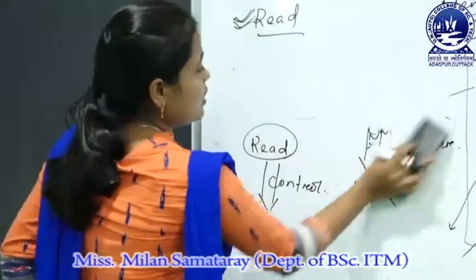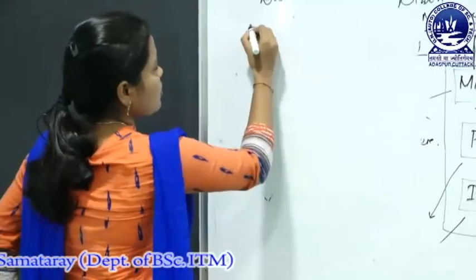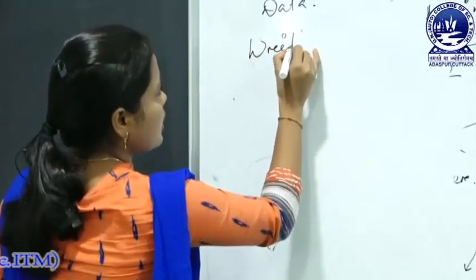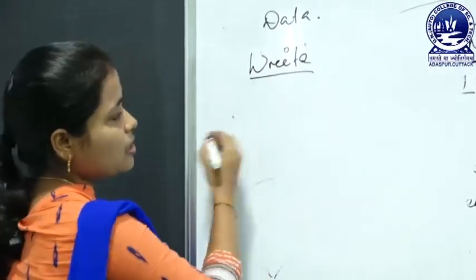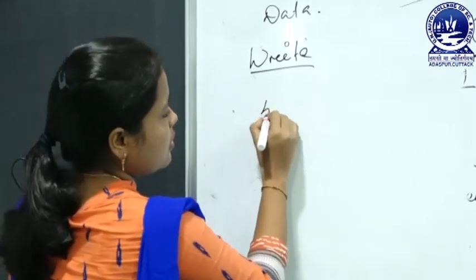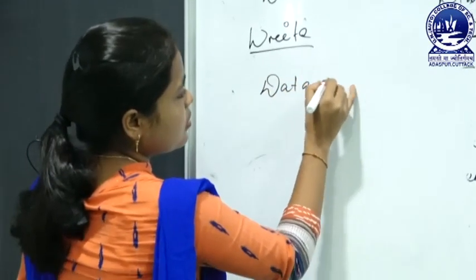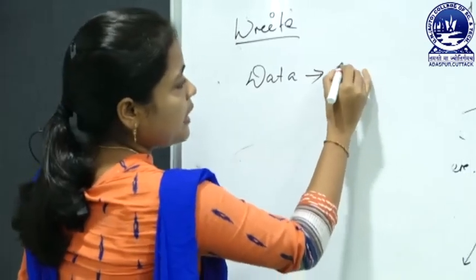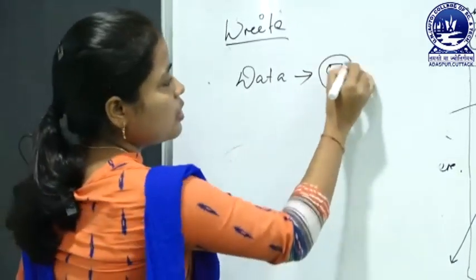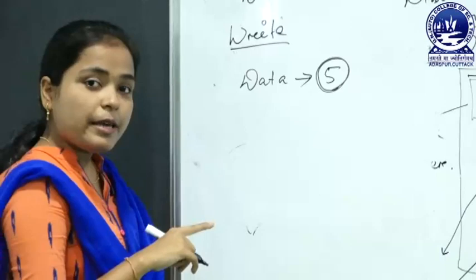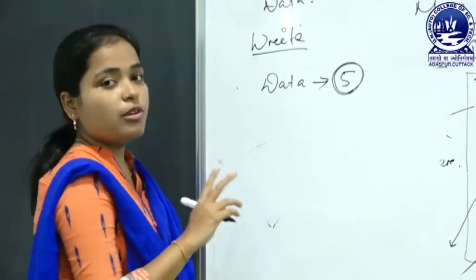But in the case of a write operation, let the data bus contain 5. That means we have to write the value 5 in some particular memory location.